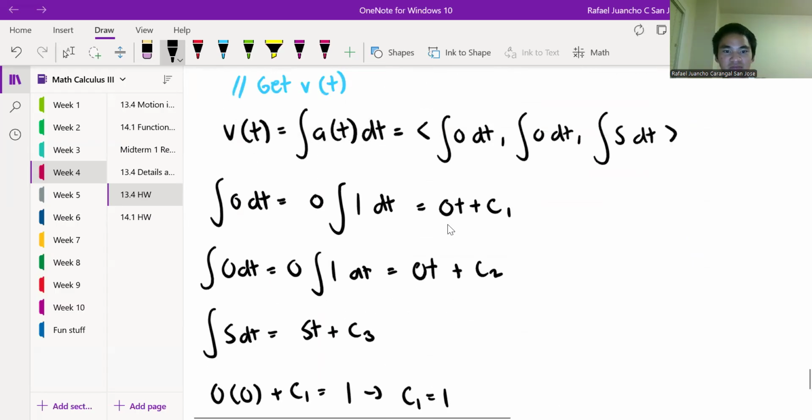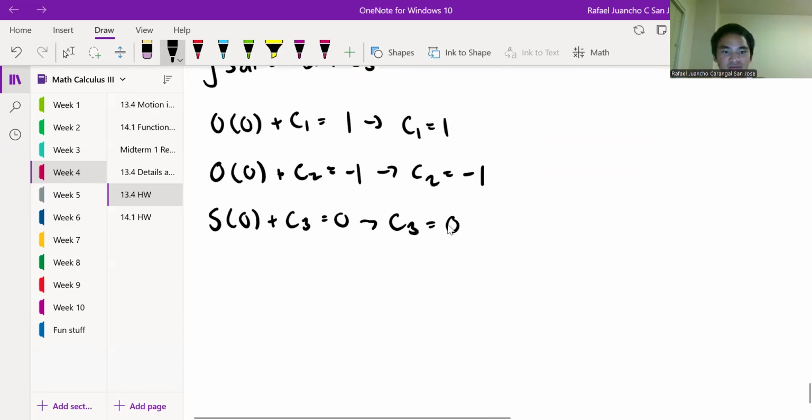And from there, I now have my velocity vector. My velocity vector has components 0t, so it's just 1. 0t, it's just 0. So C2 is -1. And then lastly, this just makes it 5t, right?